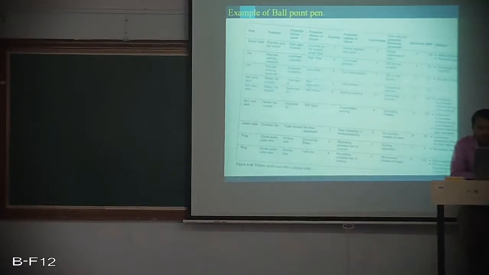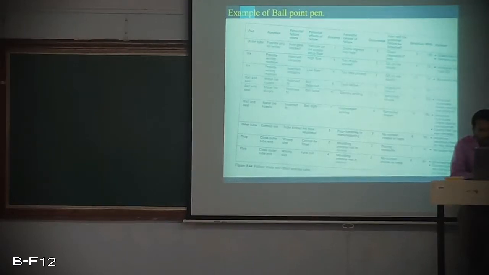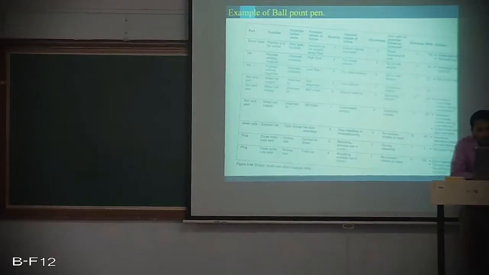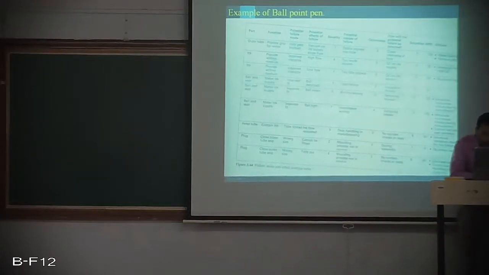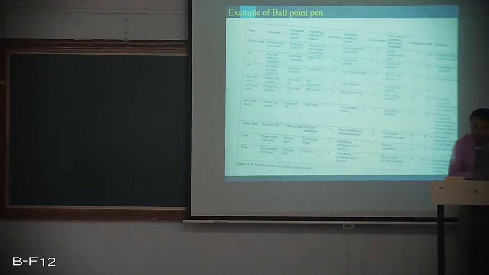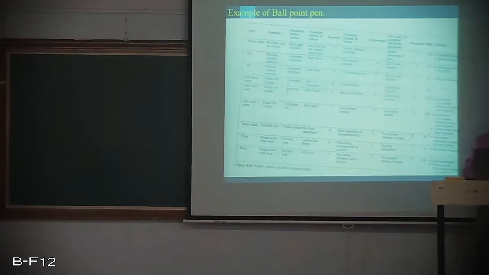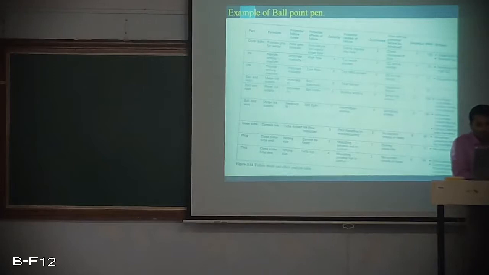For the first part, the outer tube, what is the function? Its function is to provide grip for the writer. Potential failure mode: the hole gets blocked. Potential effect of failure: vacuum is created, because of which the ink supply stops flowing. Severity is 7, which means it is highly severe.